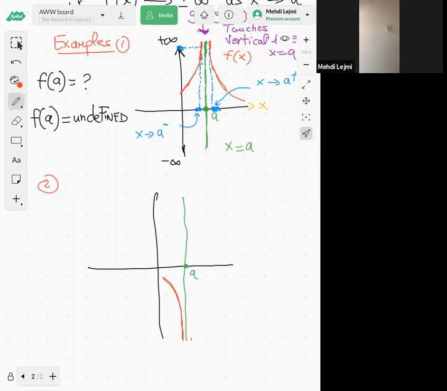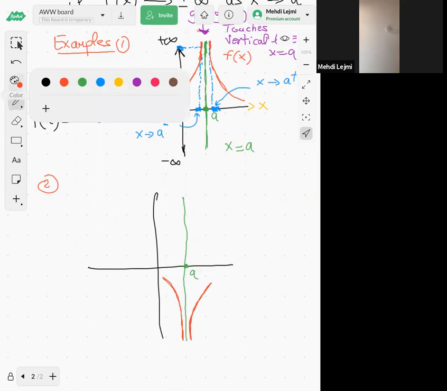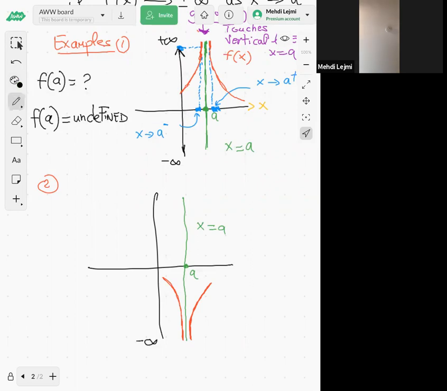So here in this situation, the values of f of x are getting close to negative infinity. This is x equal to a, but here this is negative infinity, and this is positive infinity. So what I'm saying is, if your x is here, my x is approaching a from the left. So what happens to the image? Well, the image is going to be at negative infinity.